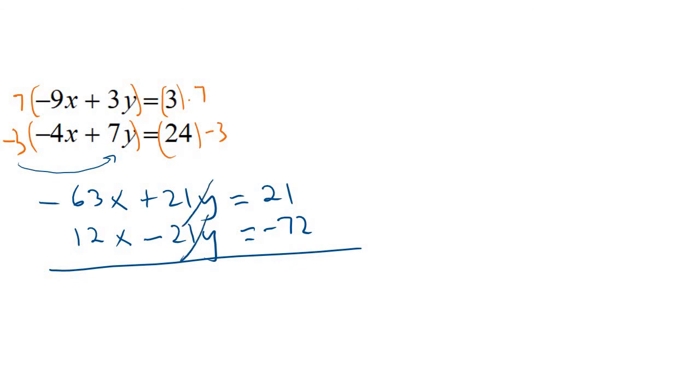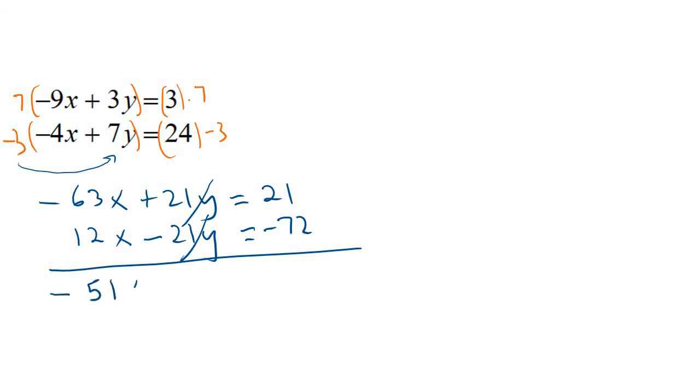So this will cancel. And then I'll do negative 63 plus 12, which will give me negative 51x.